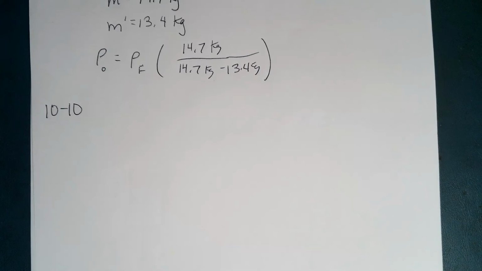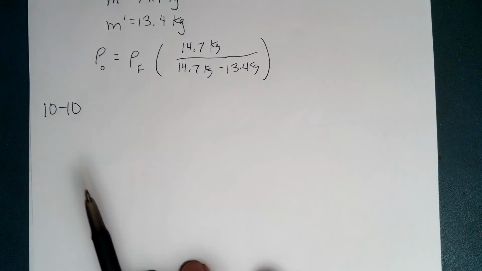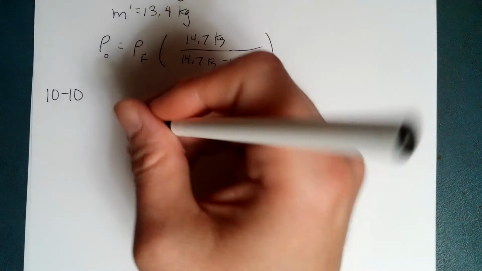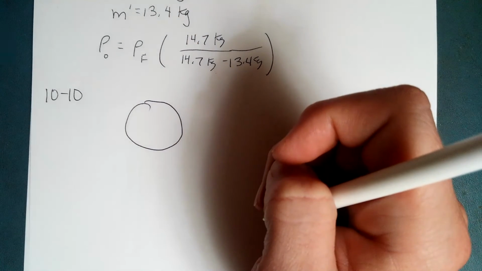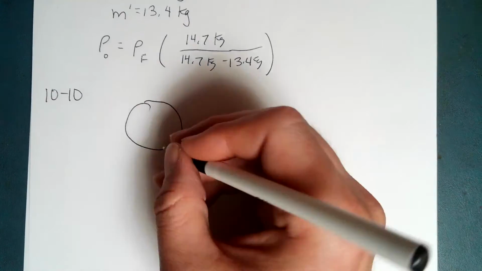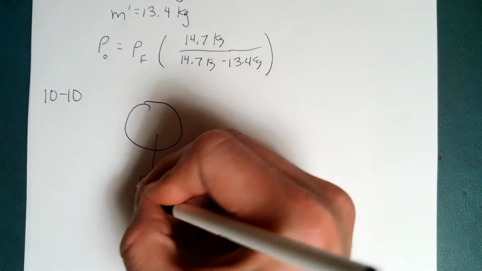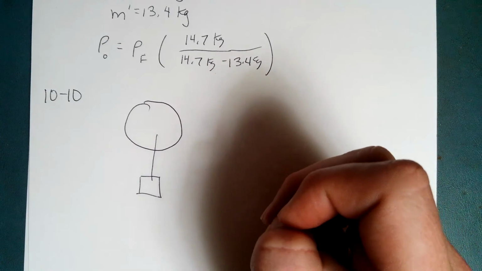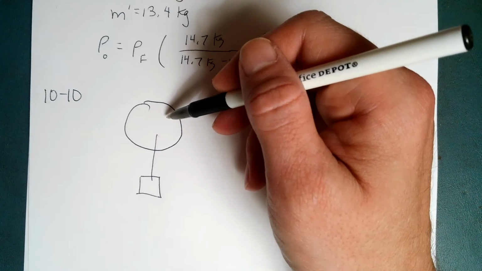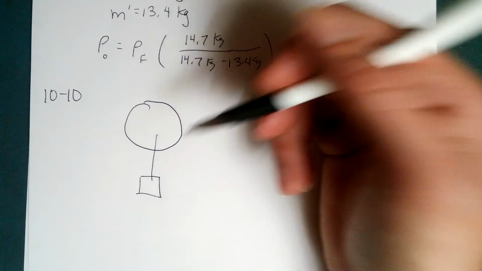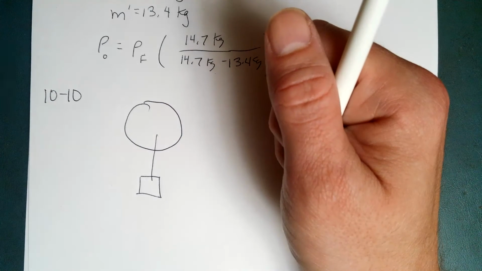Now this is another Archimedes type problem, but it's a little bit different. So basically we have a helium balloon, and it has a load attached to it. It says what volume of helium is needed to lift a 180 kilogram load.